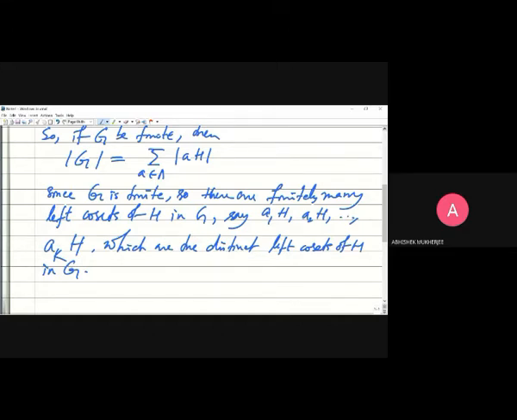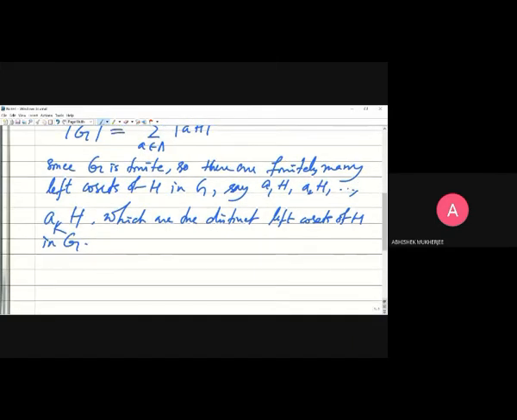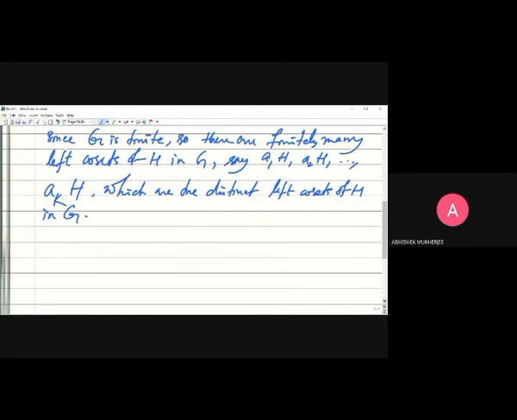Okay, and so the order of the group is actually the cardinality of a1H plus cardinality of a2H plus up to cardinality of akH, where a1H, a2H and akH are the distinct left cosets of H in G, right?